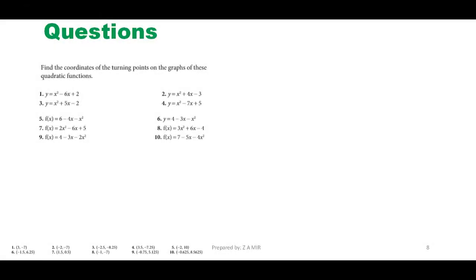In this video, we are going to learn how to use the completing the square method to find the turning point of a quadratic function. We know that differentiation can also be used to find the turning point, but completing the square is only applicable for quadratic functions.